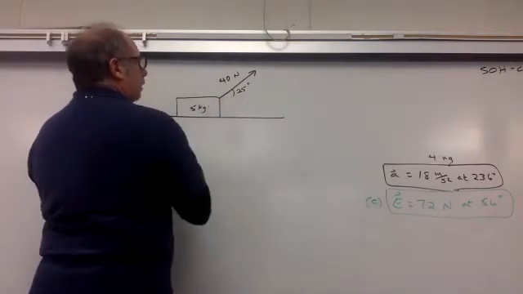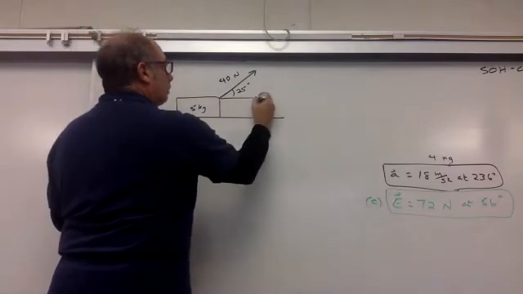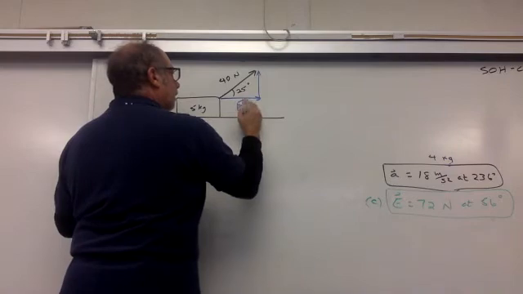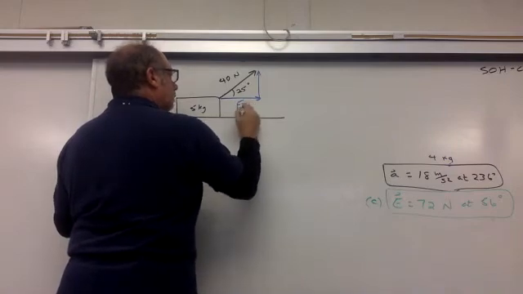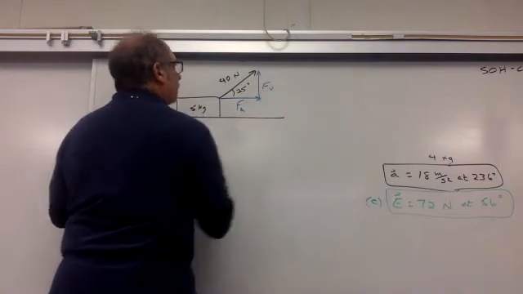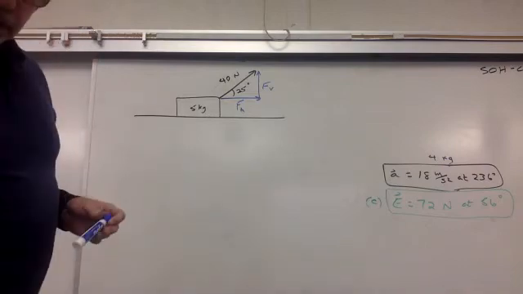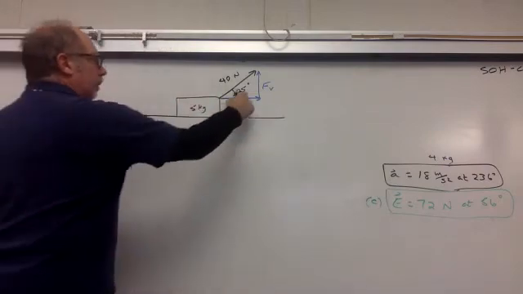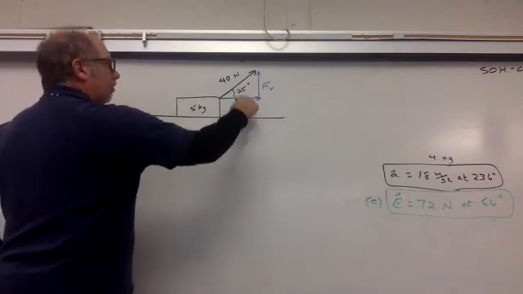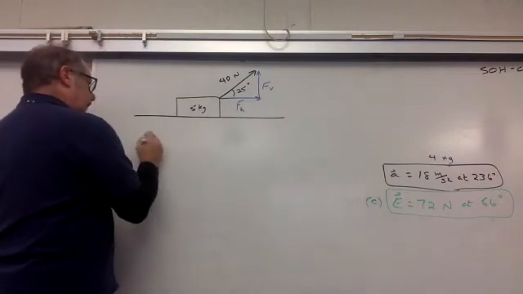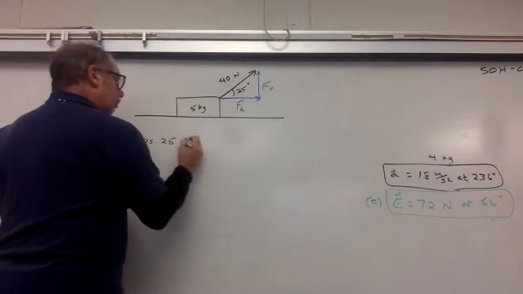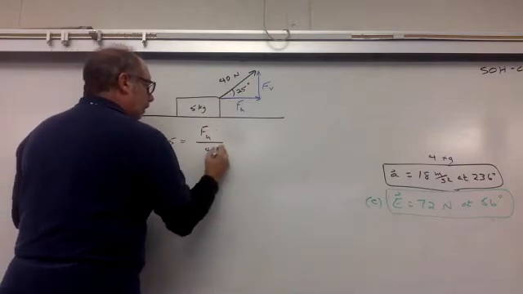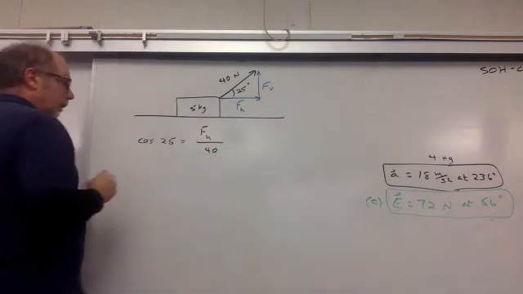All right, so here's my horizontal force, and there's my vertical force. Force horizontal is the adjacent side, so I'm going to use cosine. The cosine of 25 is F sub h over the hypotenuse of 40.